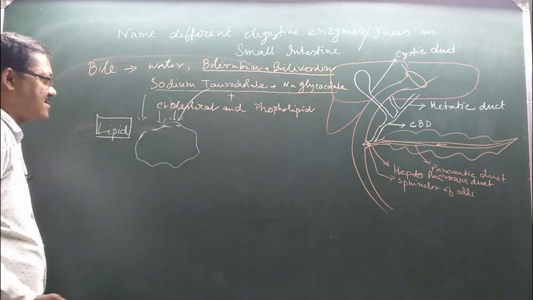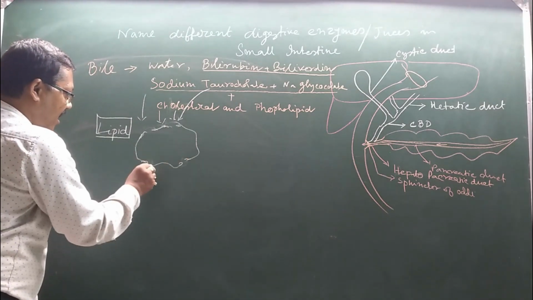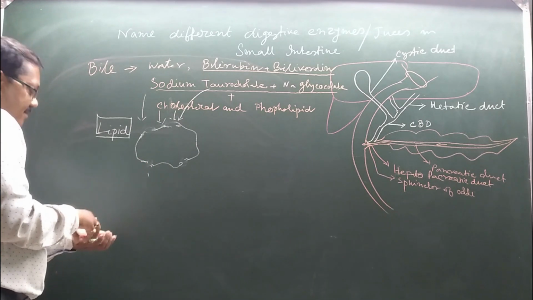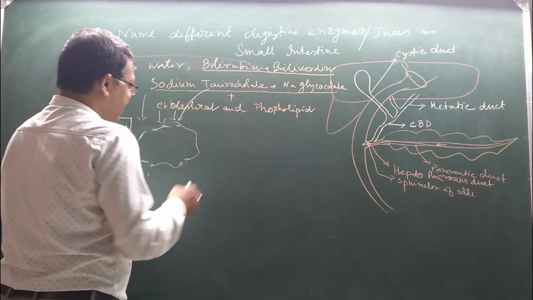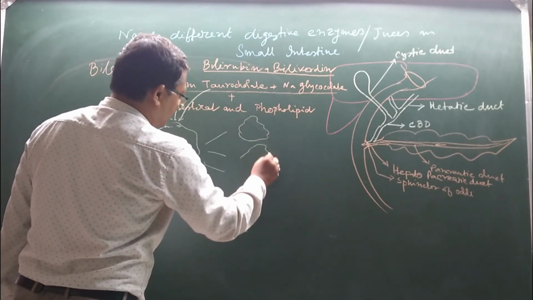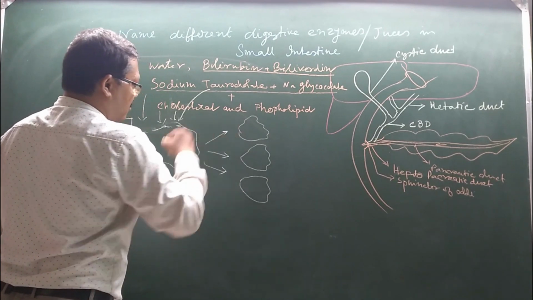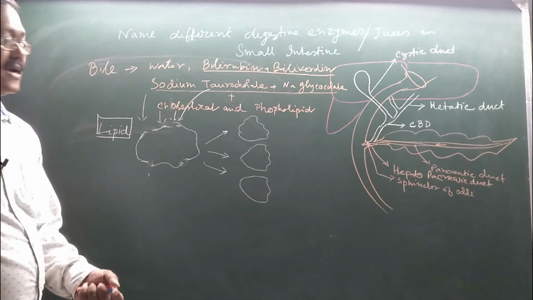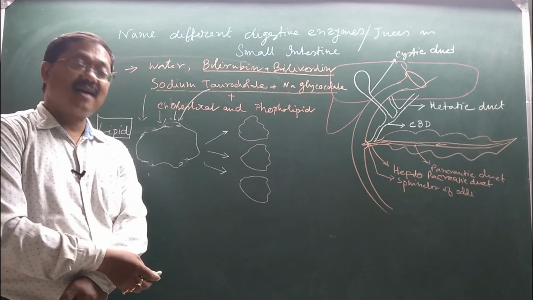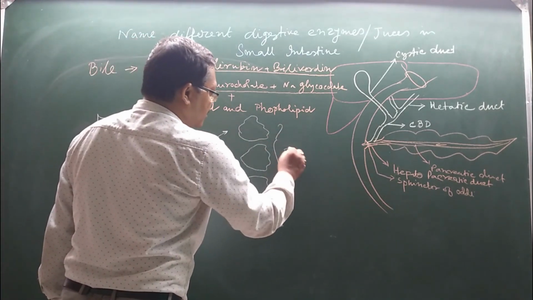As the surface tension decreases, a large droplet is split into several smaller fragments. This process is called emulsification.